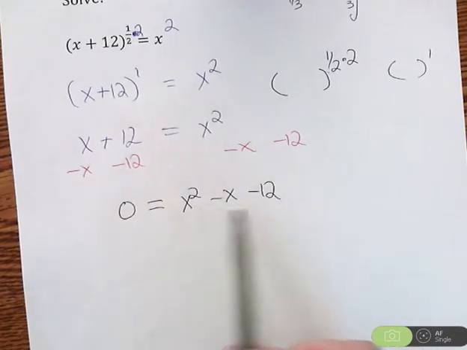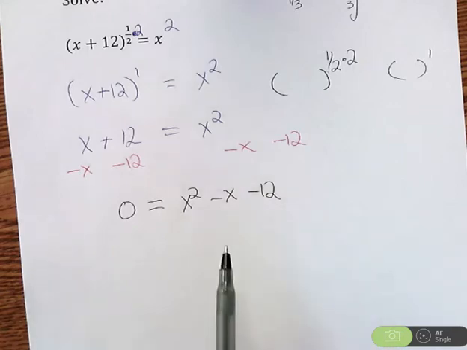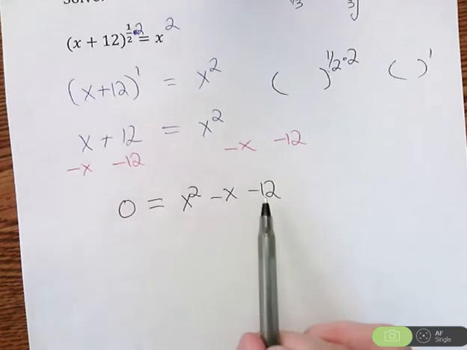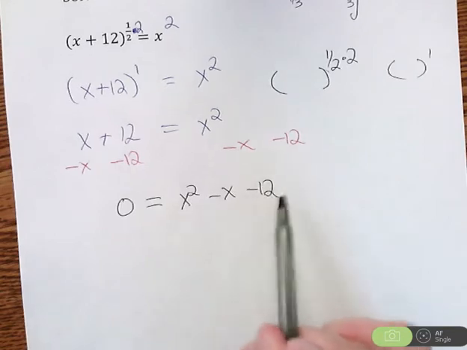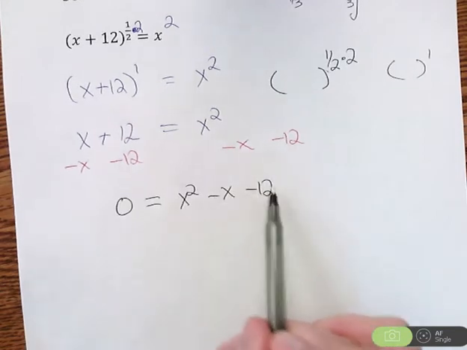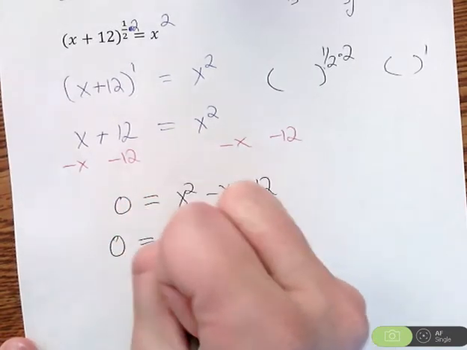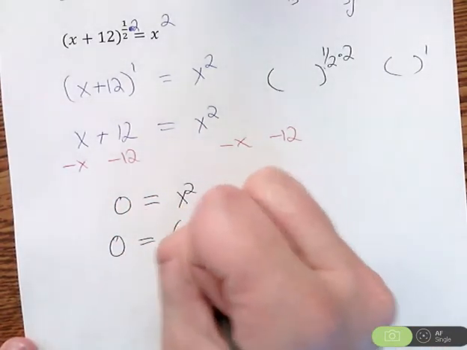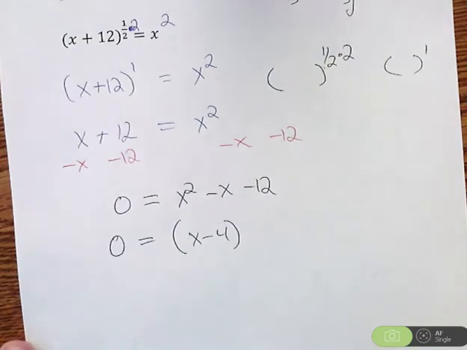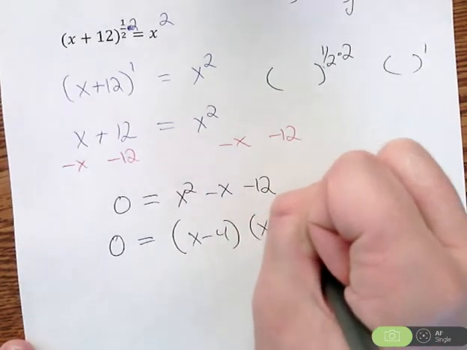Again, there are many methods of solving this quadratic, which we've reviewed earlier in the semester. I'm going to do this by factoring. I'm looking for two numbers that multiply to negative 12 but add to negative 1. Those numbers are negative 4 and positive 3, so my two factors are x minus 4 and x plus 3.